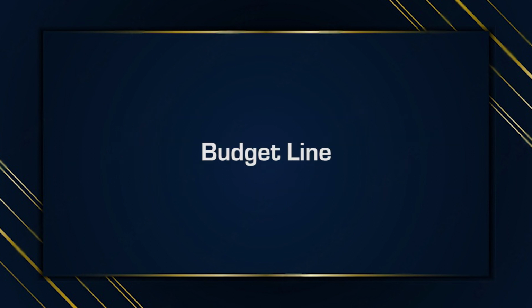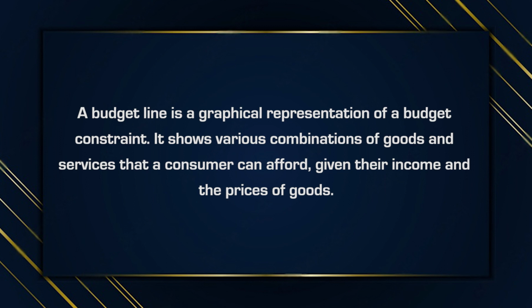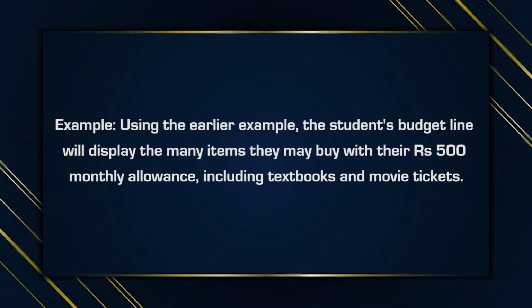Budget line. A budget line is a graphical representation of a budget constraint. It shows various combinations of goods and services that a consumer can afford given their income and the prices of goods. For example, using the earlier example, the student's budget line will display the many items they may buy with their rupees 500 monthly allowance, including textbooks and movie tickets.